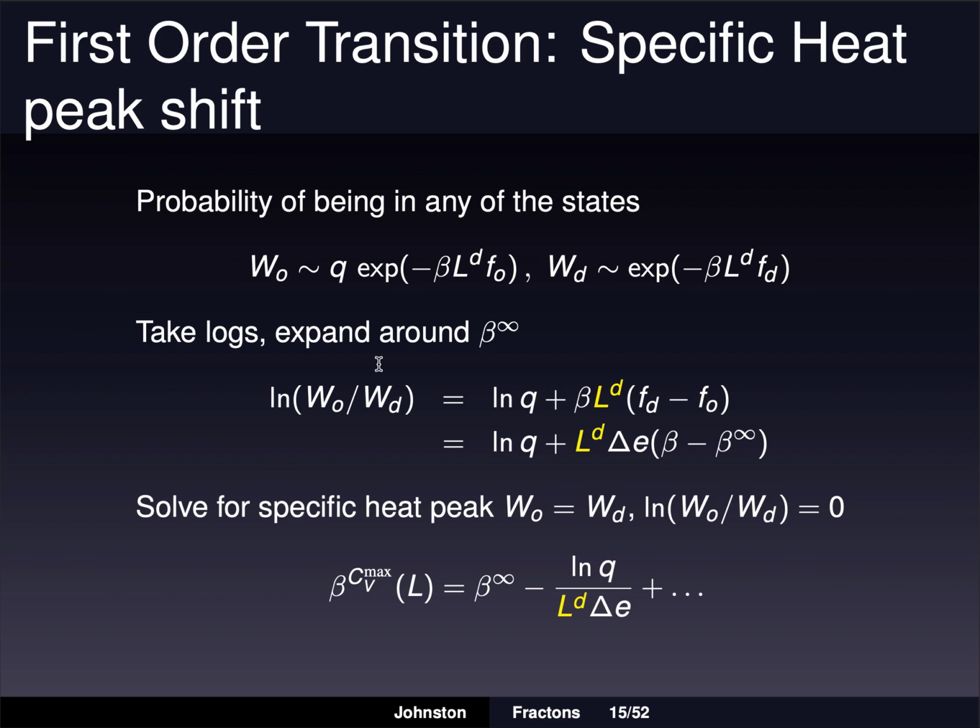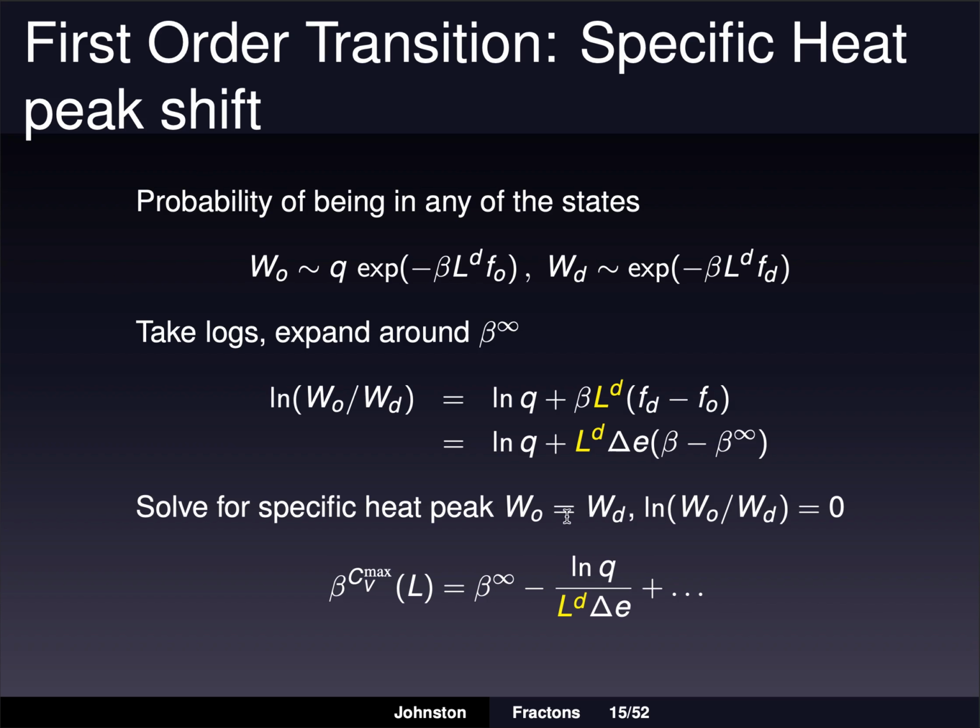So we divide these, we take logs, and we expand around the infinite volume critical temperature, beta infinity. And when we do that, the constant terms in the free energy match up. The next term in the Taylor series are the energies, so subtracting these gives the difference in the energies.